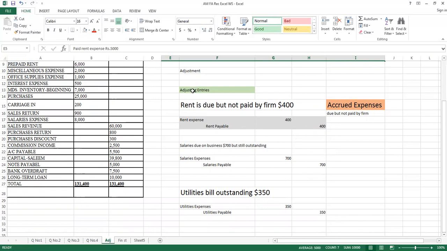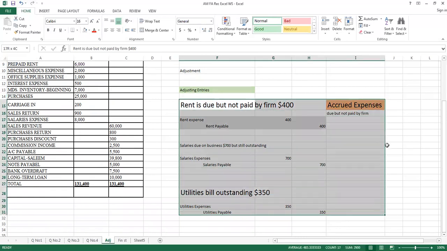And then student, in this entire structure, I am dealing with one concept which is highlighted here: whenever we are discussing accrued expenses, what does it mean? Due but not paid by the firm. These are the three examples I demonstrated here just to give you an idea. Now student, you can make many different entries with the help of this concept without any problem.